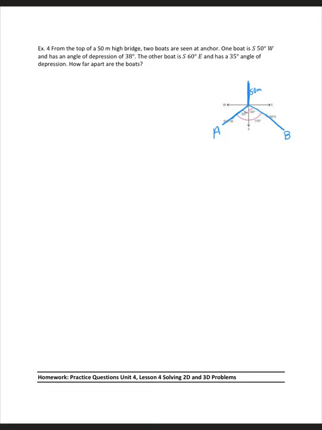So that's what's represented here. So we have one boat that from the southern most direction goes south and then west 50 degrees, right between our south and west on our compass. From the top of the bridge to that point has an angle of depression of 38 degrees. So remember, our angle of depression is made with our horizontal, so our 38 degrees goes there.